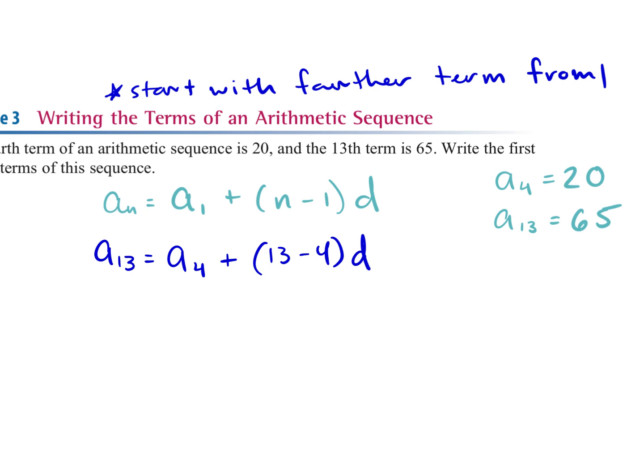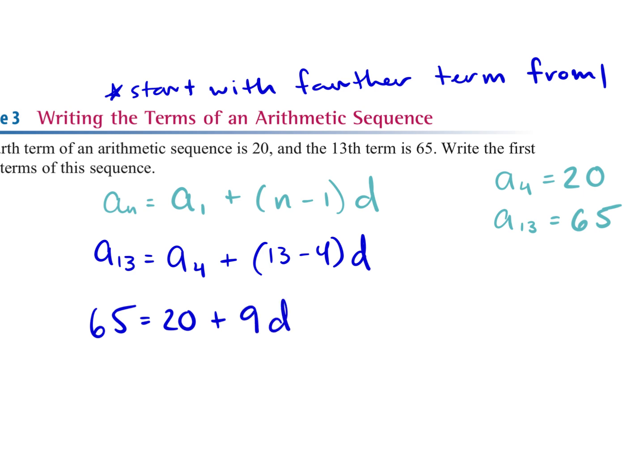This formula is going to help us find our common difference. So we have to set it up this way to find what d is. We know what a sub 13 is. What's a sub 13? 65. So 65 is equal to, what's a sub 4? 20. Plus, what's 13 minus 4? 9 times d.